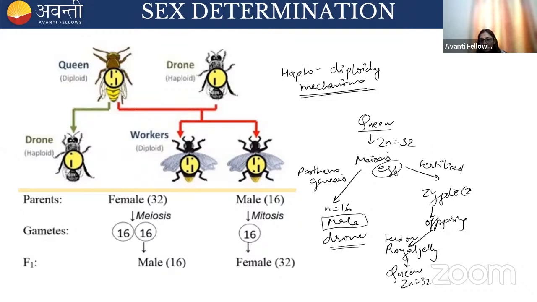Remember, because the zygote is 2n equals 32. And if this offspring is fed on bee bread, then it will form a worker or the sterile female. Okay, so here the ploidy is deciding whether it's a male or a female. Haploids are male and diploids are female.